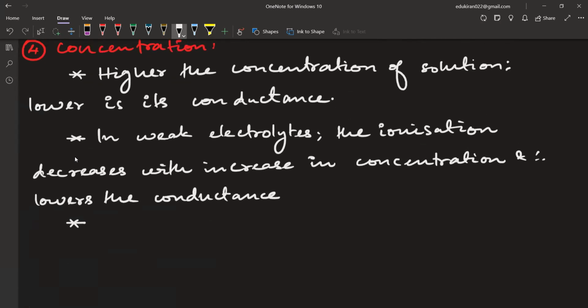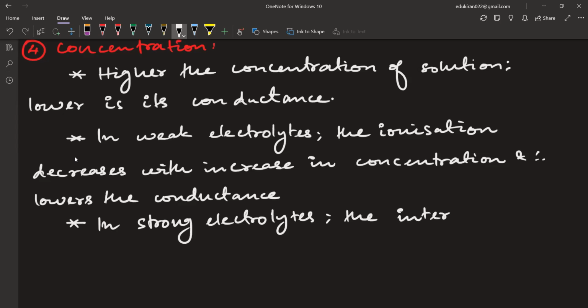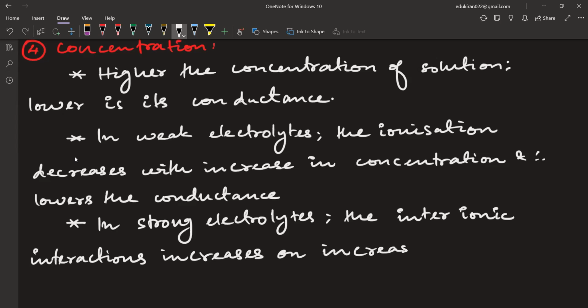Next point you will write about the strong electrolytes. In strong electrolytes, the interionic interactions increase on increase in concentration.